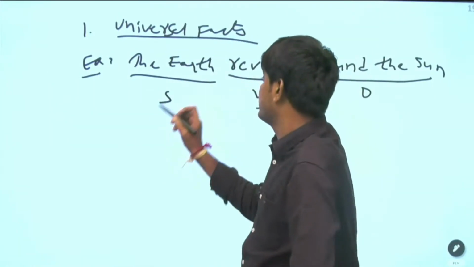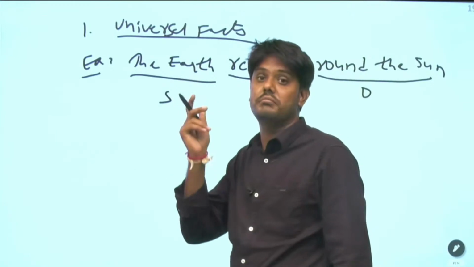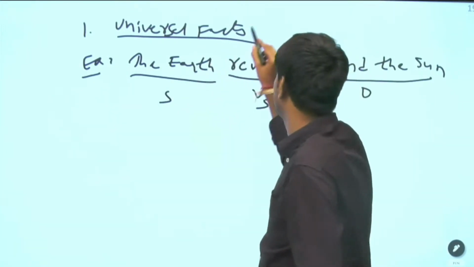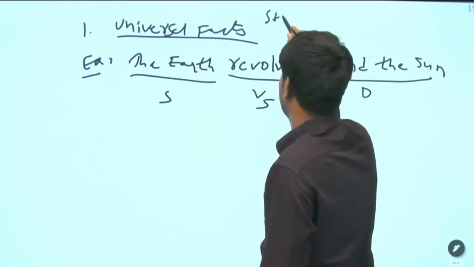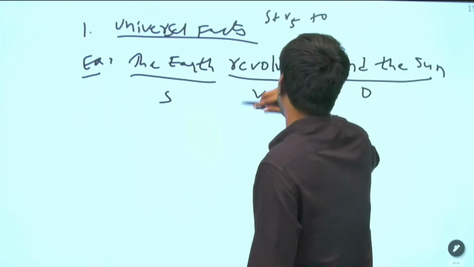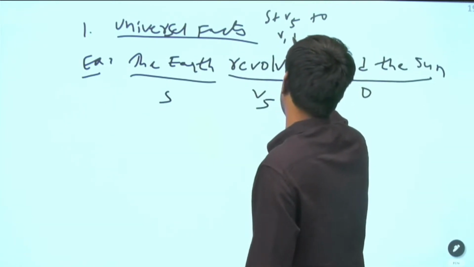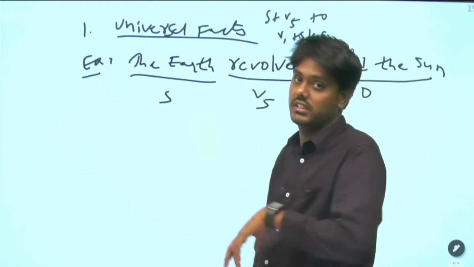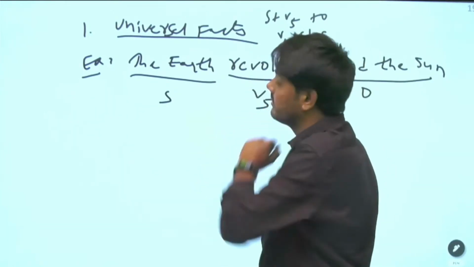If you check the examples with the tense structure, the structure of simple present tense is subject plus V5 plus object, or else generally it is V1 plus S or ES. Generally S or ES we will use only for he, she, it, and for other subjects we will use V1.